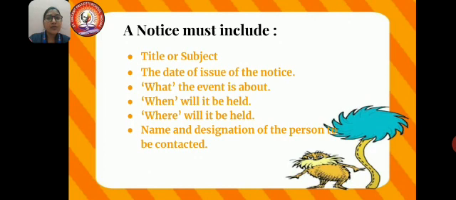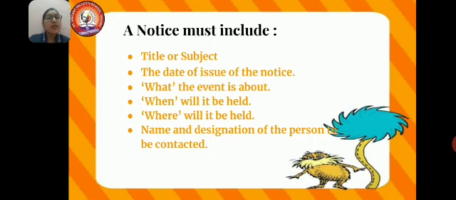Next comes the body of the notice, which includes what the event is about, when it will be held and the timing of the event. And last, we write the name and designation of the person who is writing the notice, or whom we can contact for any further queries.